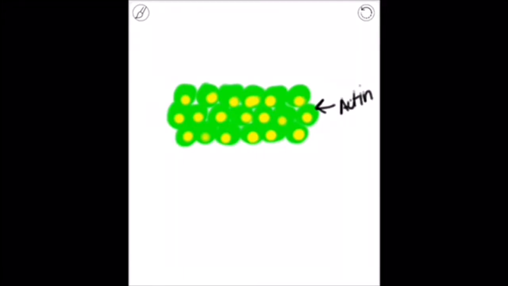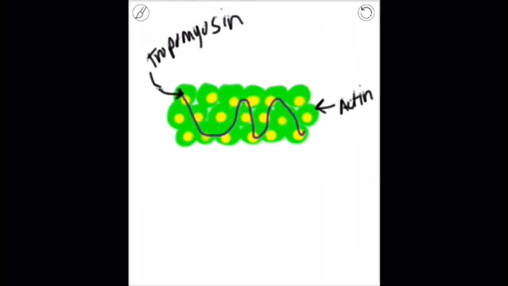It's going to look a little trippy, so trippy tropomyosin it is. Then I am going to create troponin. Following troponin is the calcium ions.